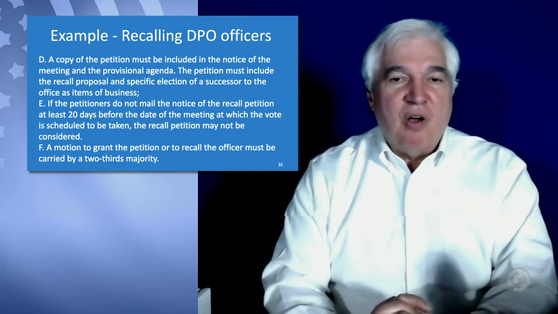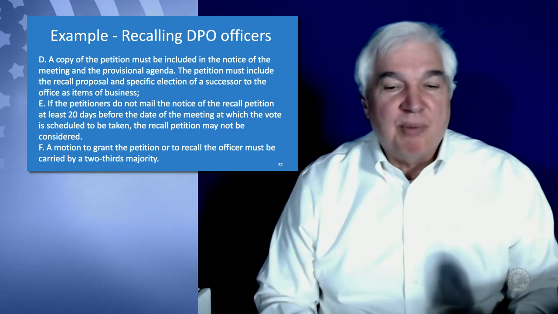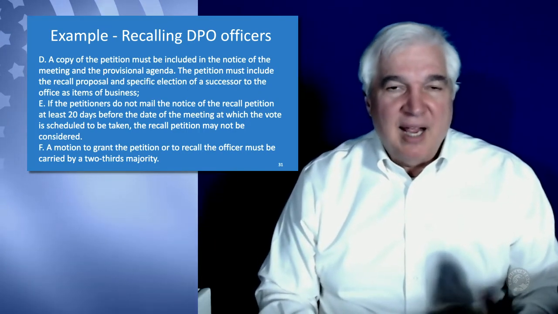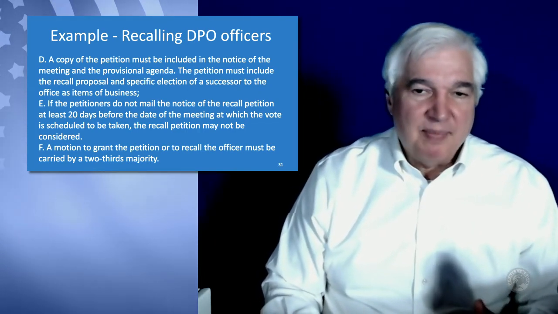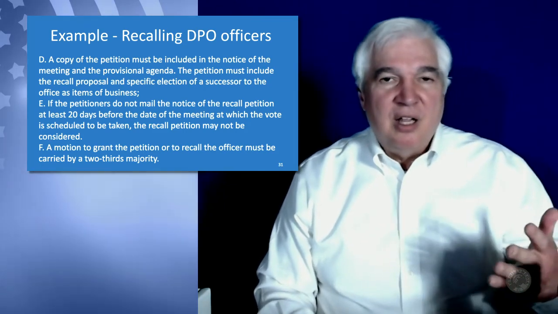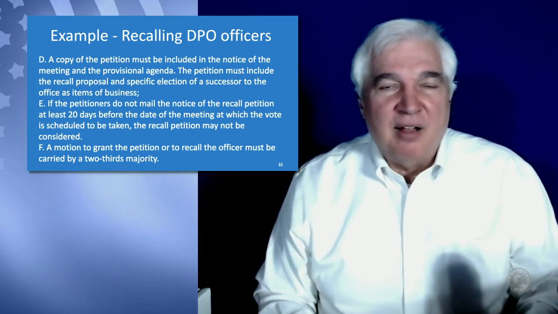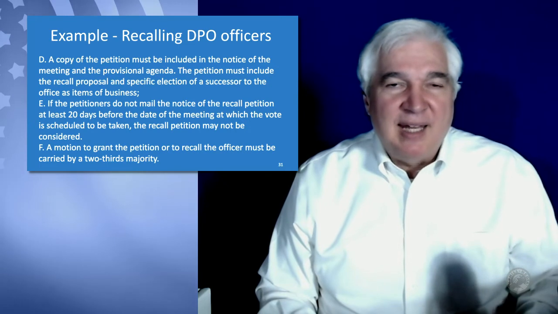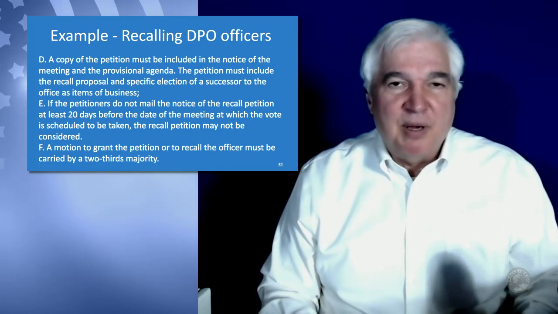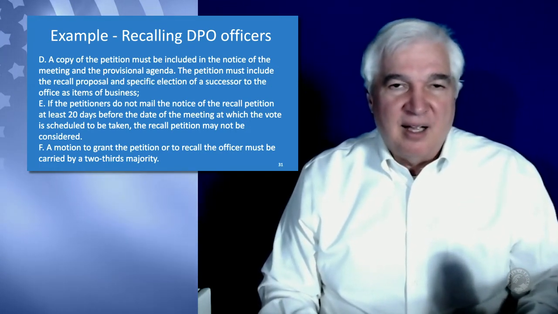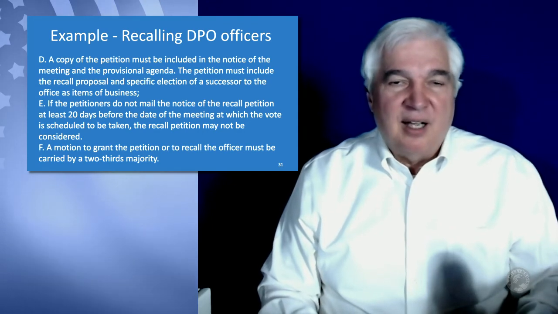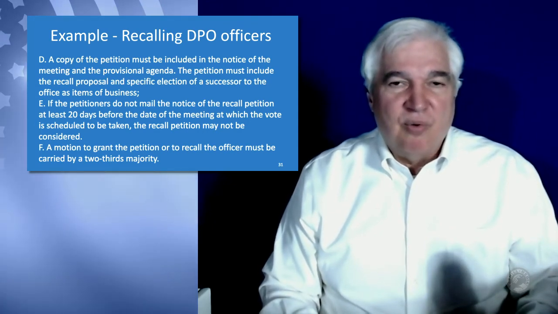So any of the DPO officers could be potentially removed by as few as 45 votes. It all depends on who makes it to the meeting. And of course, all the regular rules governing the meeting apply. So any delegate who doesn't attend can be replaced with an alternate delegate until you get your quorum established.